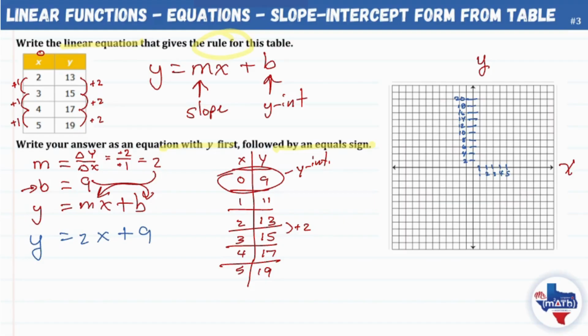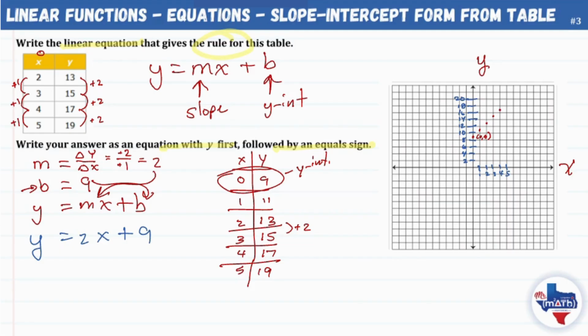Now, let's go ahead and plot our points. So our first point is 0, 9. So that's going to be right there. 0, 9. And then we have 1, 11. 2, 13. 3, 15. 4, 17.